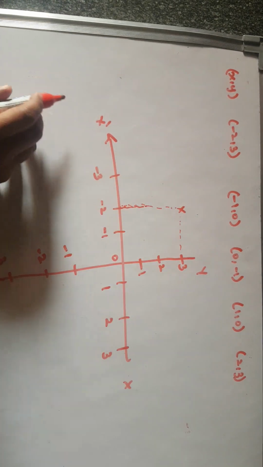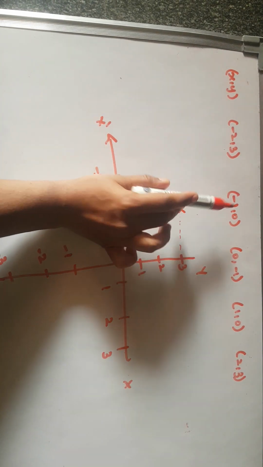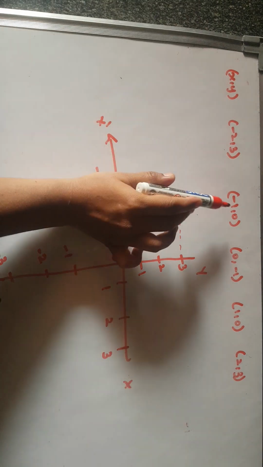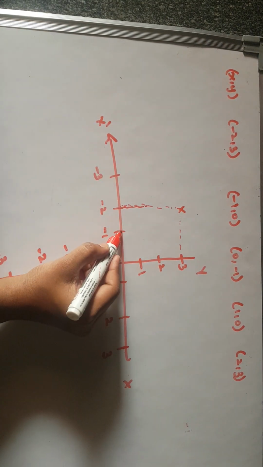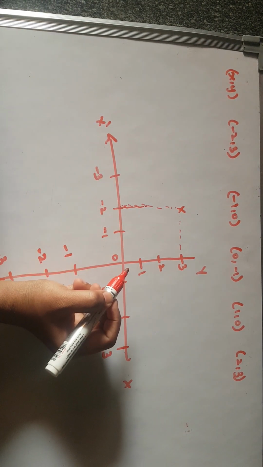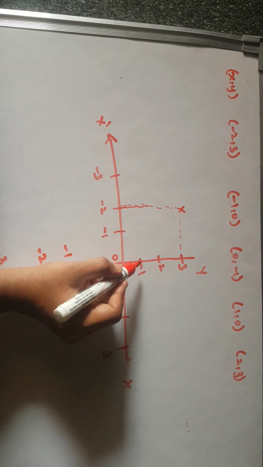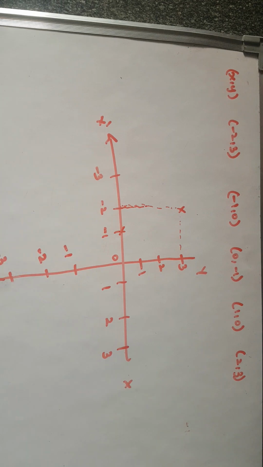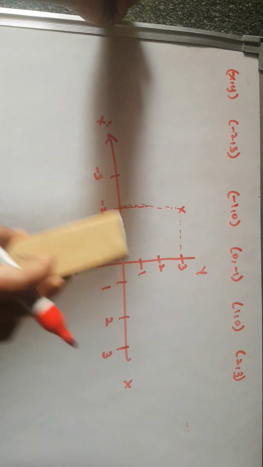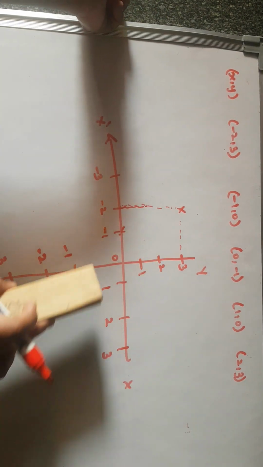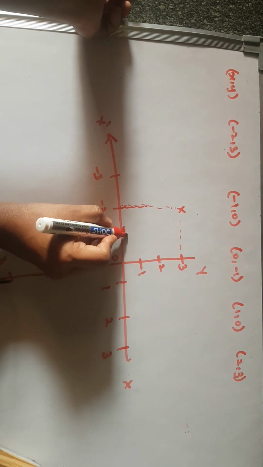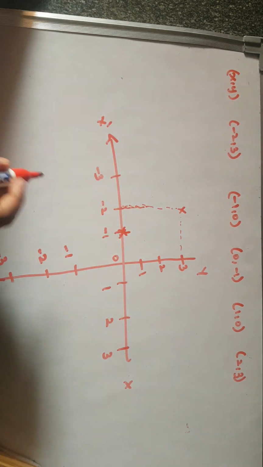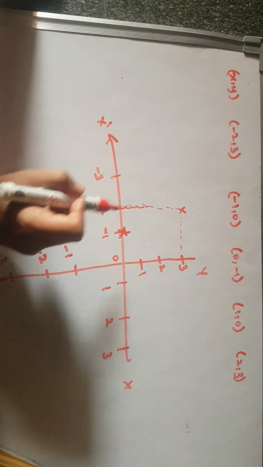Minus 2 and 3. And when x is minus 1, the value of y is 0, so here minus 1, y is 0. X value is minus 1, y value is becoming 0 here.